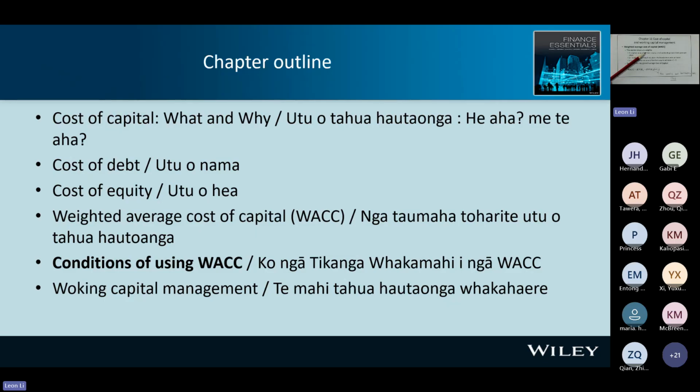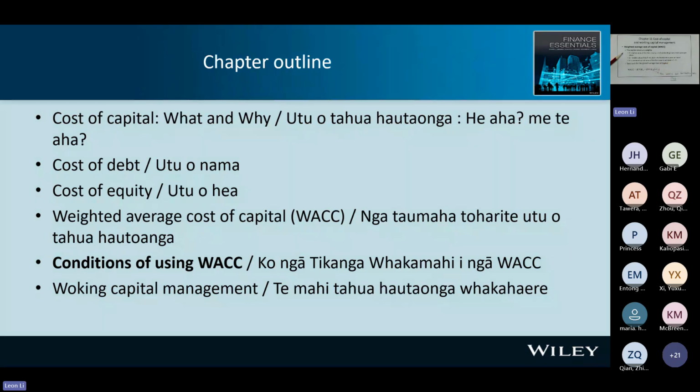One is capital structural weight. So I need to know the market value of the firm's equity. It's the number of outstanding shares times the price per share. Second, debt value. Market value of the firm's debt is the number of outstanding bonds times the price per bond.